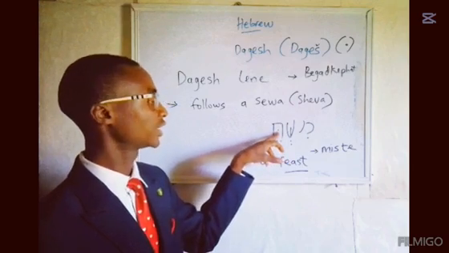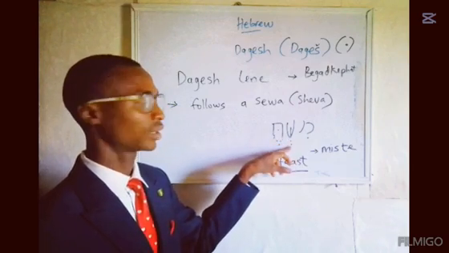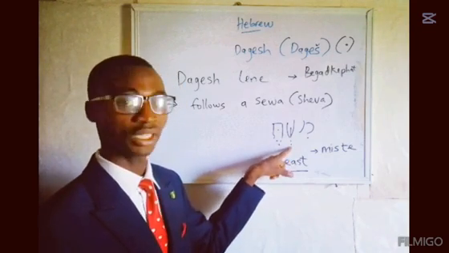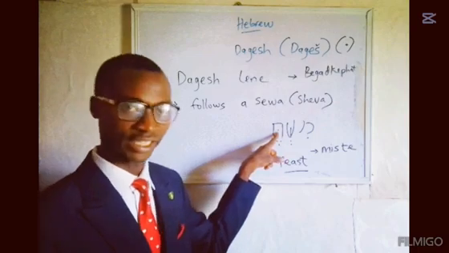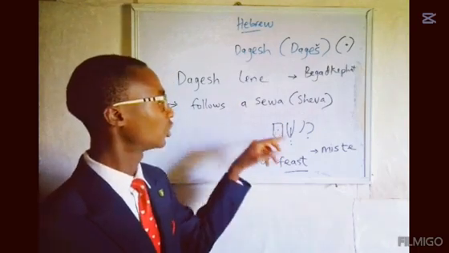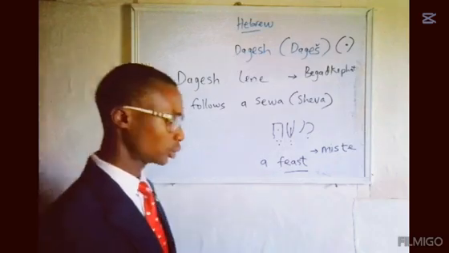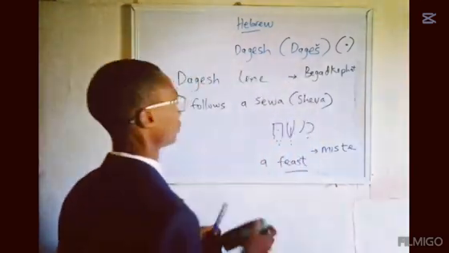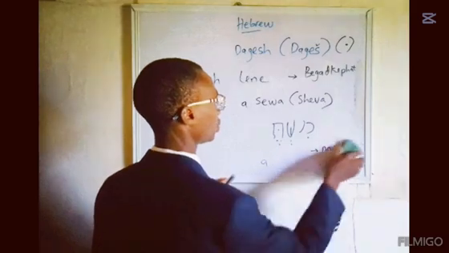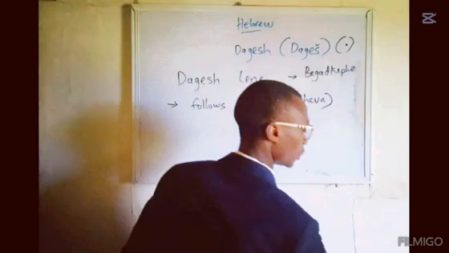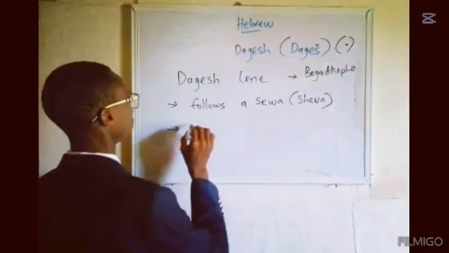When the Dagesh follows a Sheva, I'll check my teachings on Sheva, then it is Dagesh Lene. Dagesh Forte doesn't follow a Sheva. Alright, so that's one way to know. And we have another thing to also know that the Dagesh Lene begins the word.